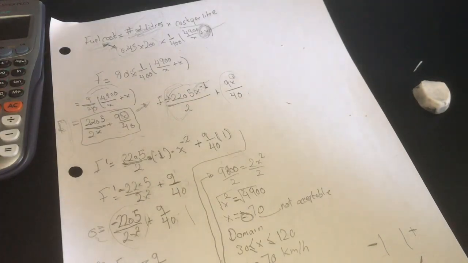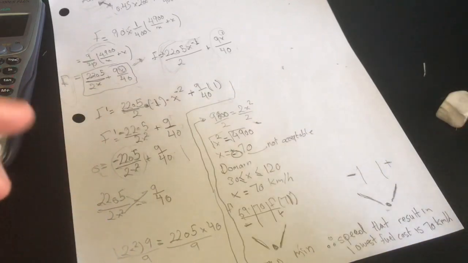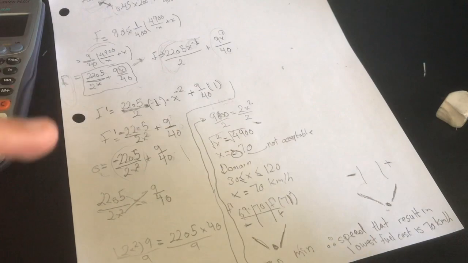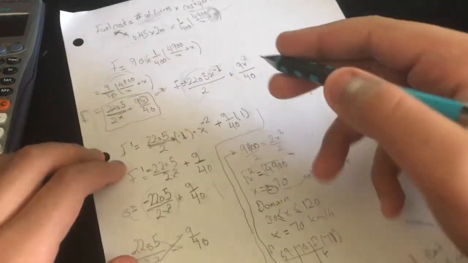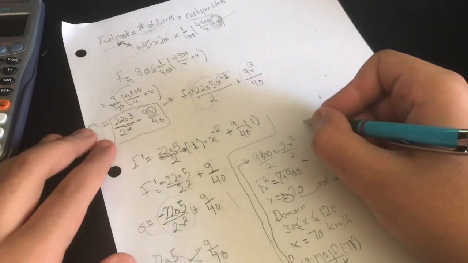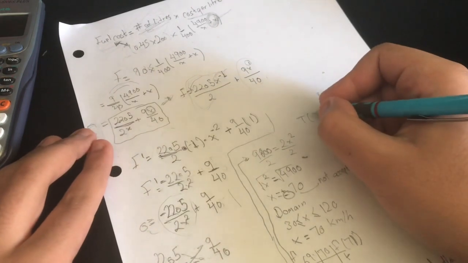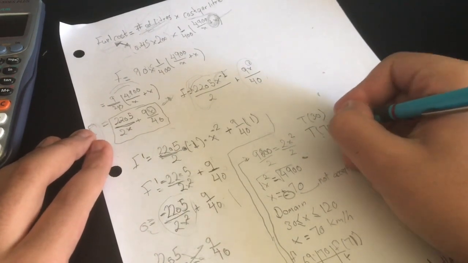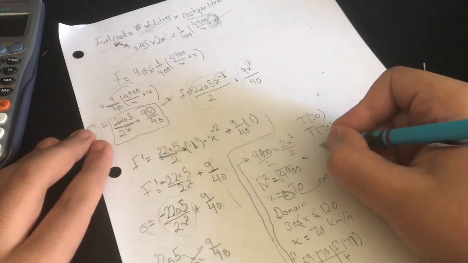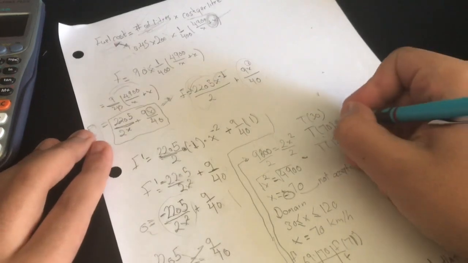So to get the lowest total cost, we need to check both endpoints, 30 and 120. So T of 30 and T of 70, which is the speed here, and T of 120. So the lowest one will give us the lowest cost.